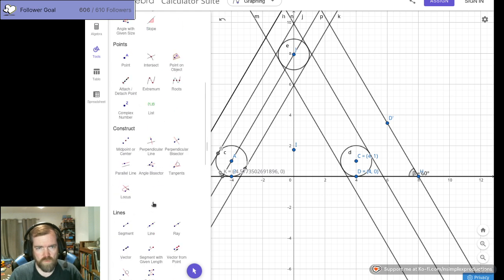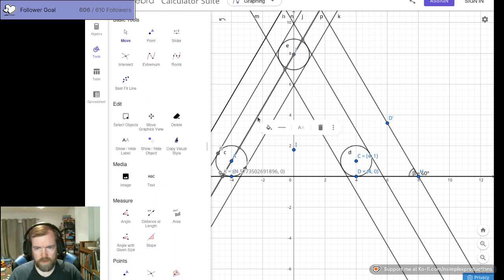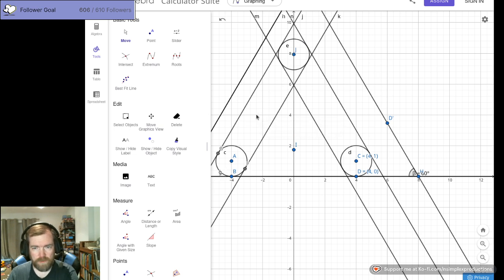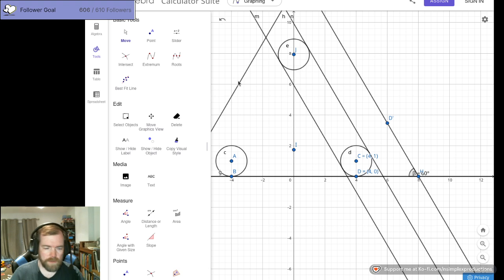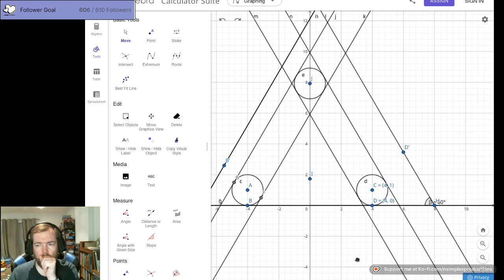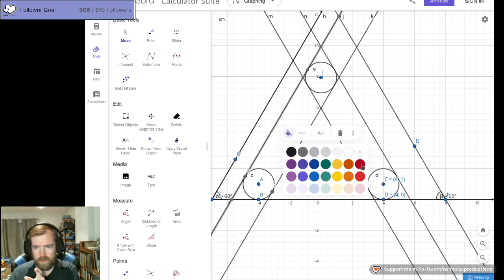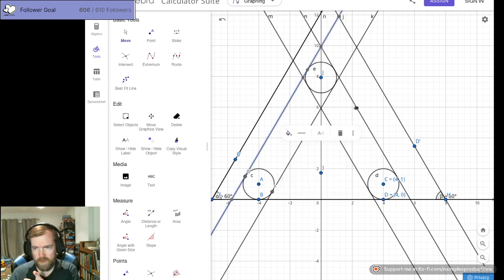Okay, this line, if we delete this line, does it kill everything? No. Okay, good. If we delete this line, yeah, it does. Okay. So, I'm gonna set this for dark blue.